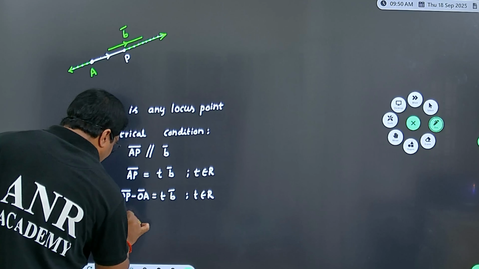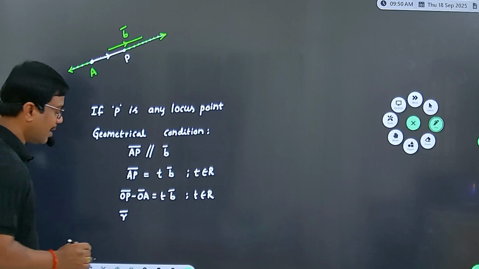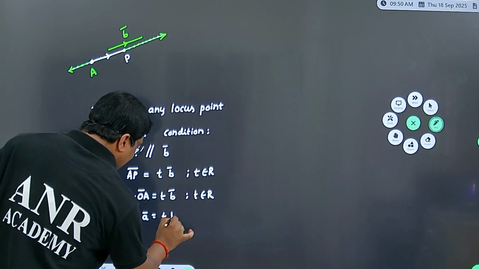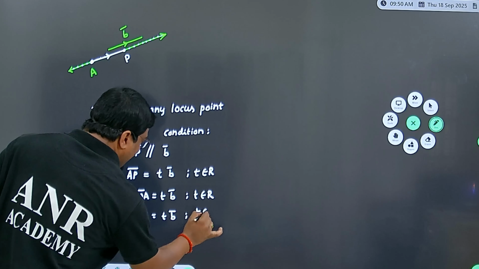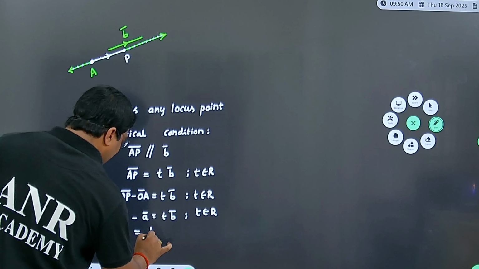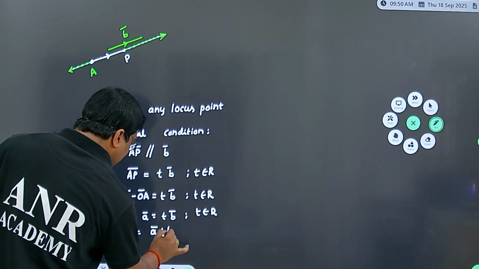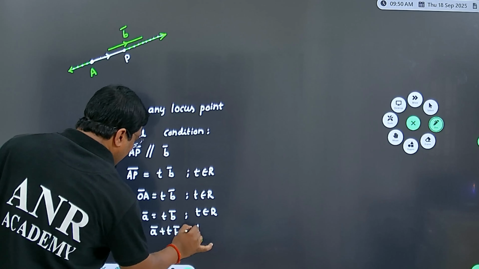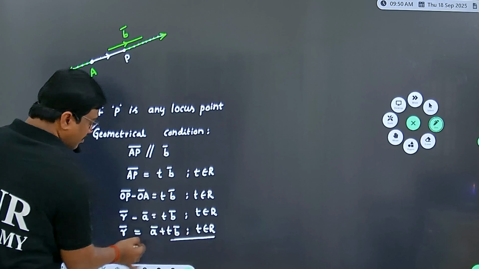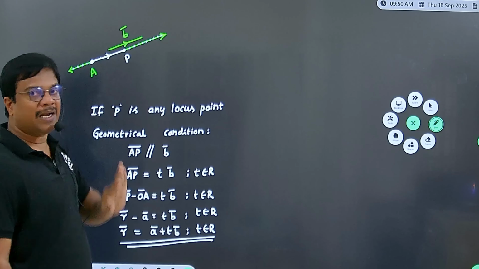Generally, OP vector, position vector of general point is denoted by radius vector R bar. Next, and this is A bar equal to t times of B bar, where t is real number. And from this, you will get R bar equal to A bar plus t times of B bar, where t is real number. This is the equation of straight line which is passing through point A and parallel to B vector.